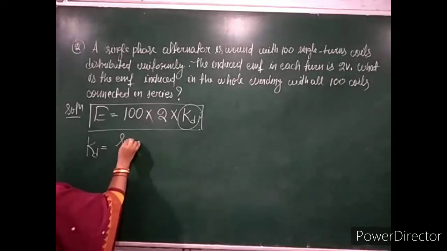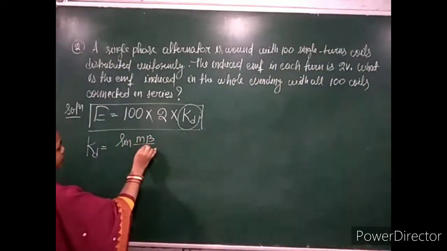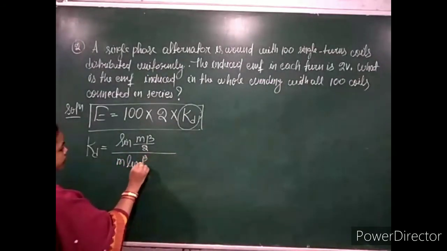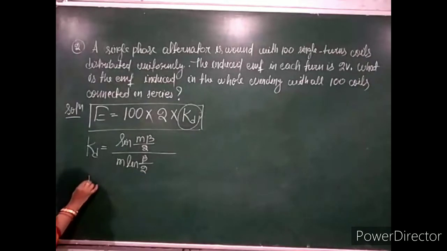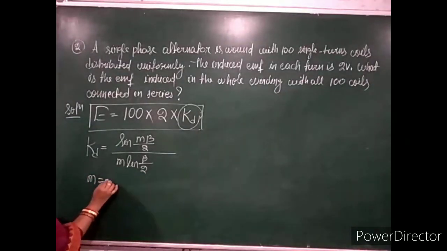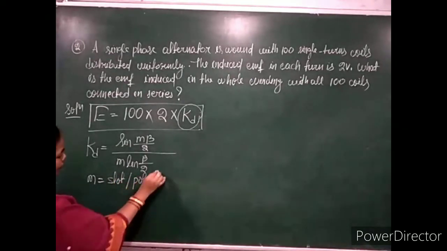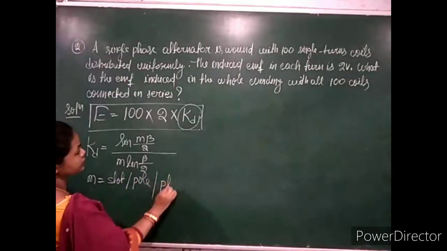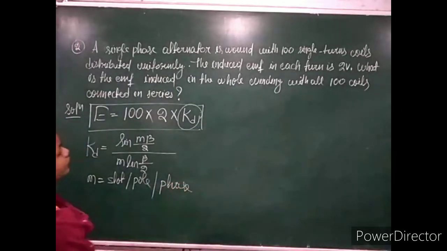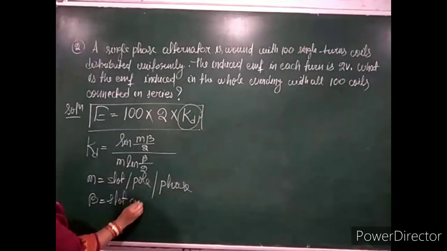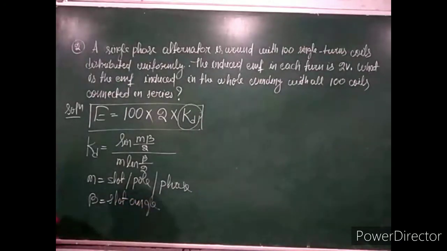Its formula is sin(mβ/2) whole divided by m sin(β/2). Here m is slot per pole per phase, and β is slot angle.